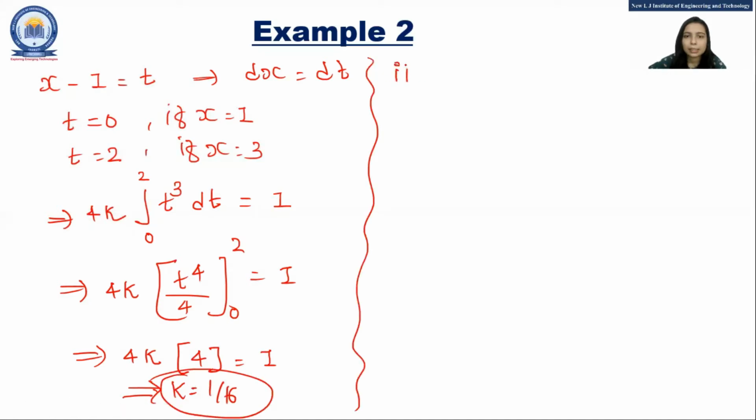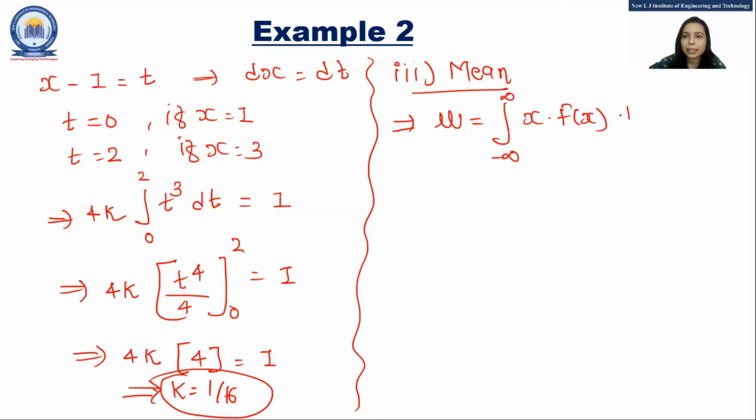Now the third case is for the mean. So mu is equal to integration from minus infinity to infinity x into f of x dx.